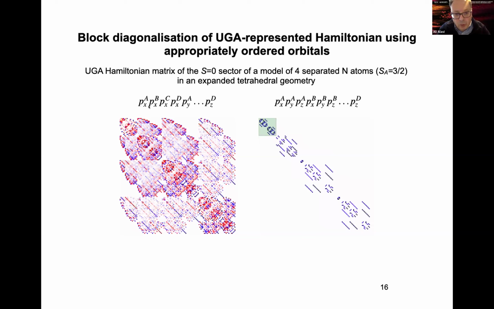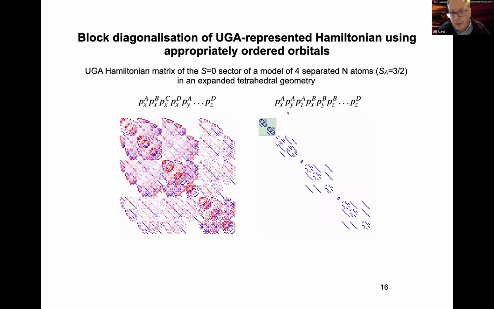So here we have the ordering where we put the px orbitals first, then the py orbitals, and then the pz orbitals. And if you look at the corresponding Hamiltonian with that ordering, you get this rather dense Hamiltonian.